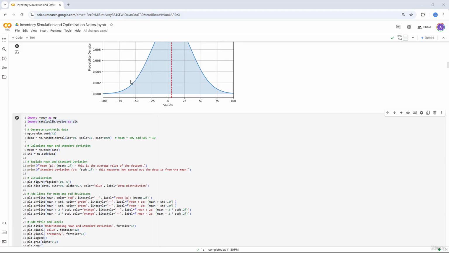So in the real world, you'll probably need to use a variety of different distributions to model lead time and demand. But for this course, I would focus on the normal distribution, the mean and standard deviation concepts, and we will be applying these heavily across the course.